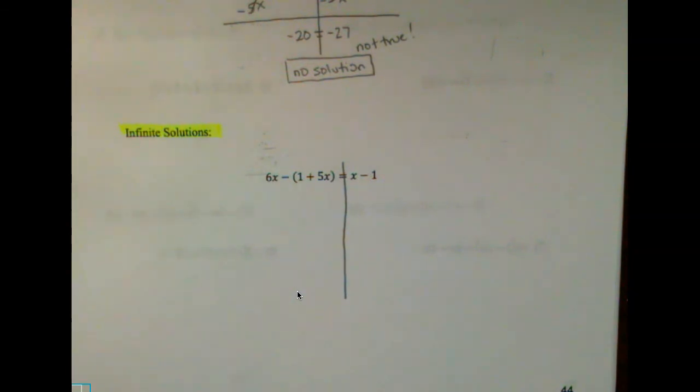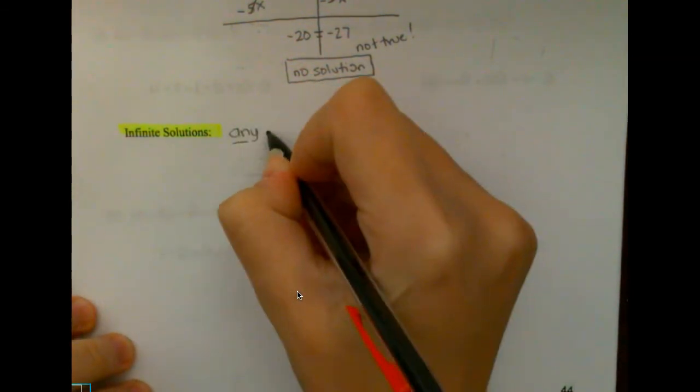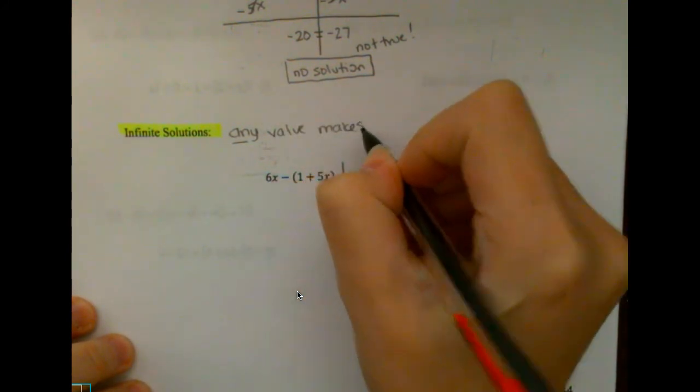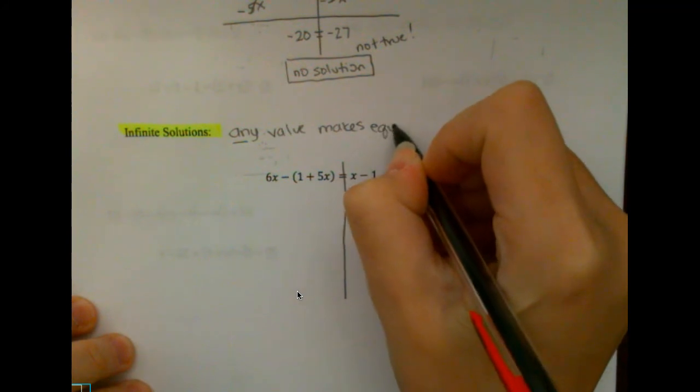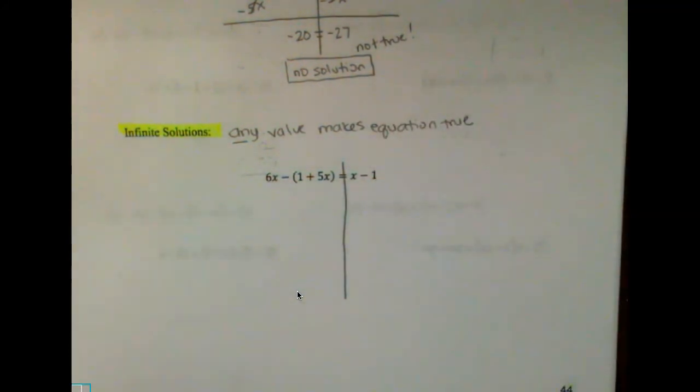Unlike a no solution where there was no value, an infinite solution, any value makes the equation true. So we could pick any number we wanted, plug it in for x into this equation, and any number would work. How do we know if that's the answer to our equation?